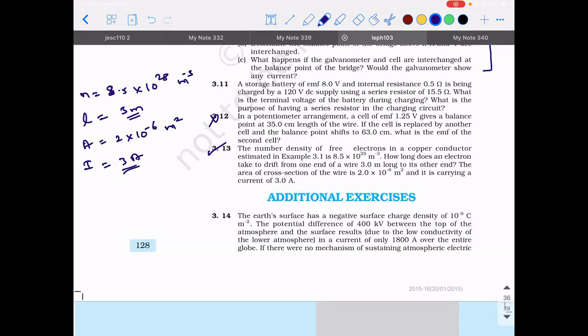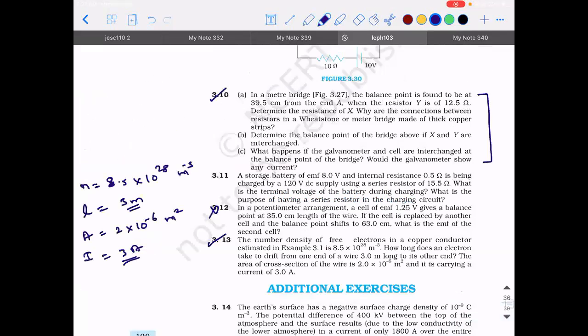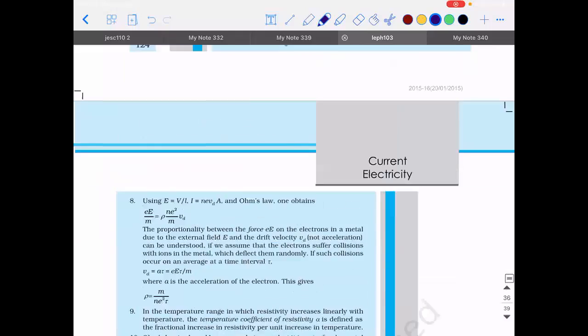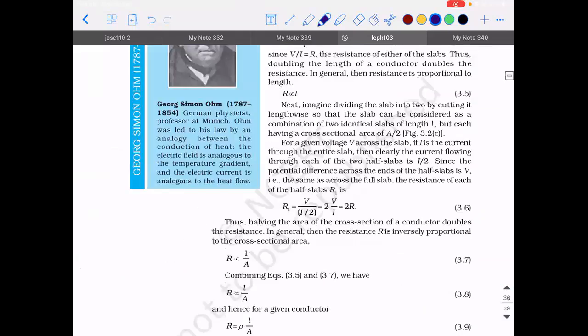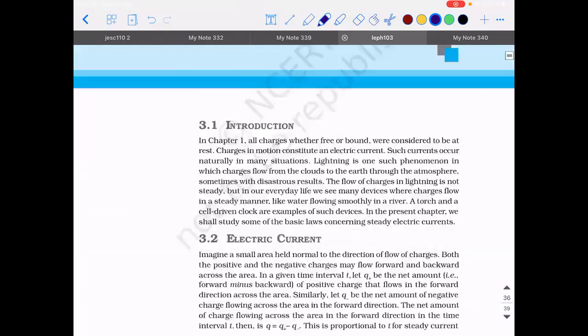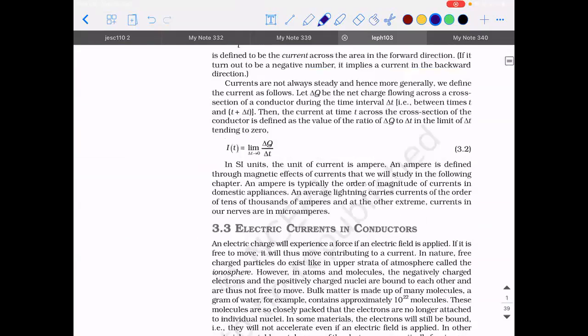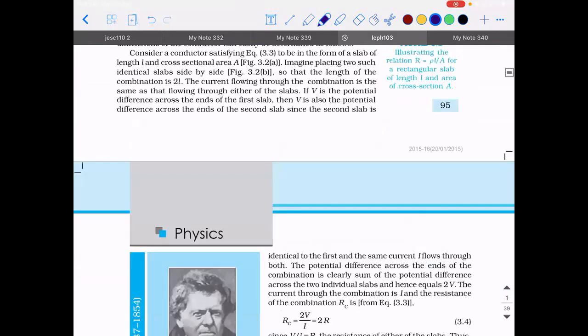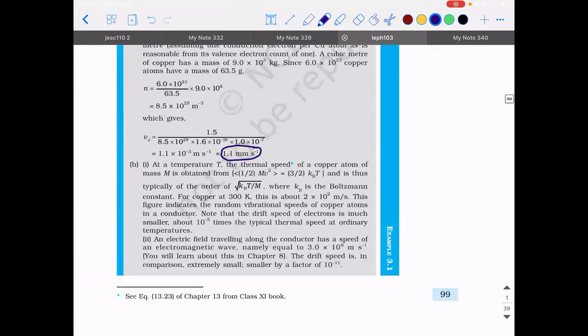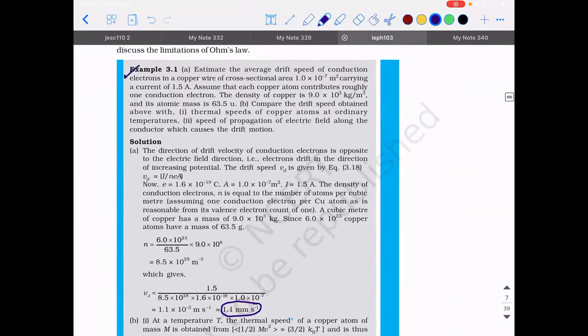So how to solve this? For that, we need to go to 3.1 first. Example 3.1.